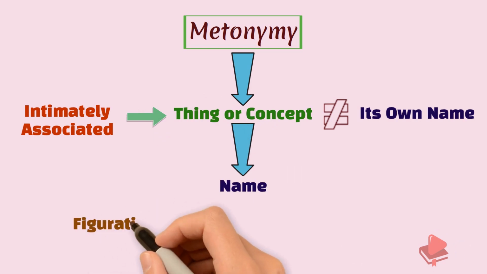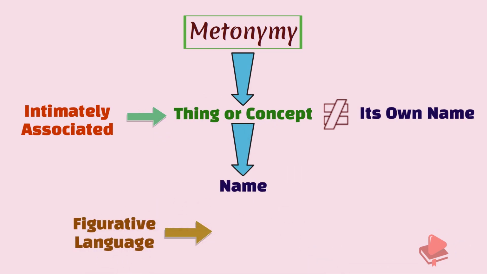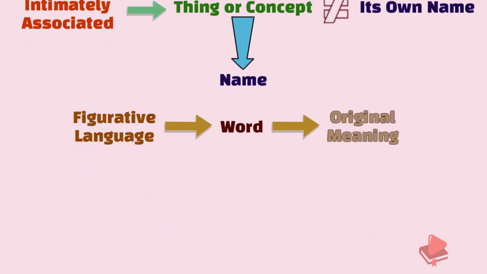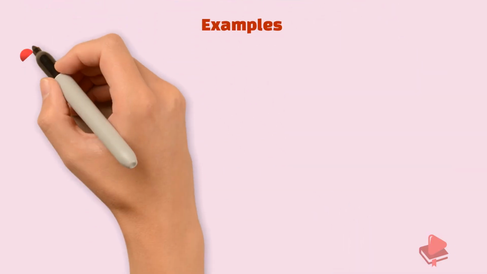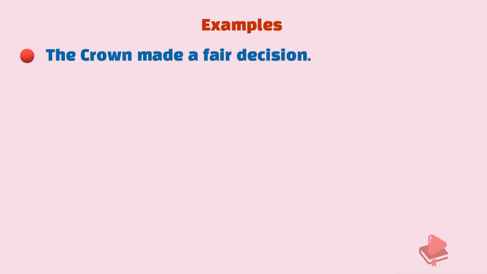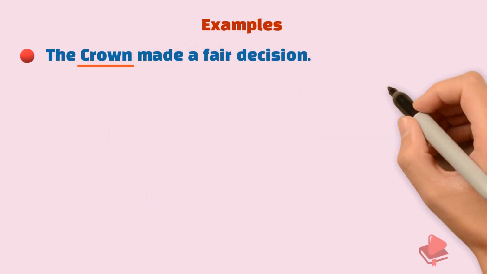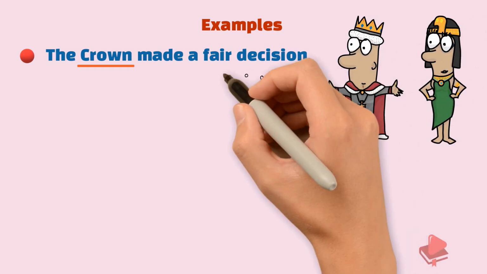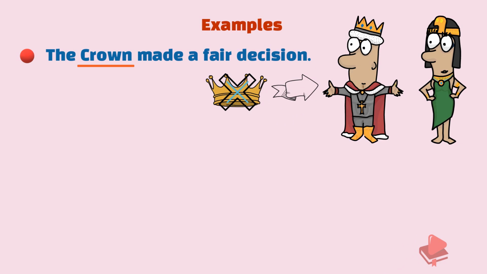Metonymy is a form of figurative language in which a word is replaced by something very close to the original meaning. Let's understand this with a few examples. The crown made a fair decision. Here, the crown is an object which is closely related to the king or queen, but we are referring to the king and not the object crown. So the crown here is an example of metonymy.